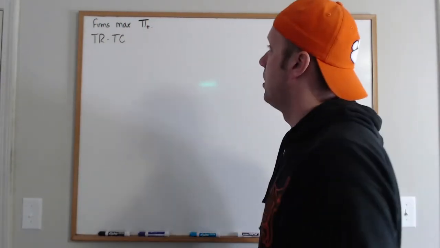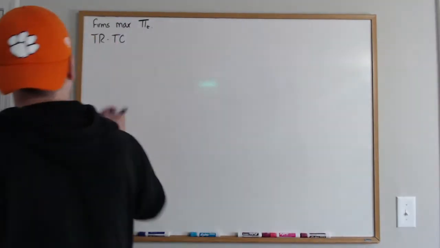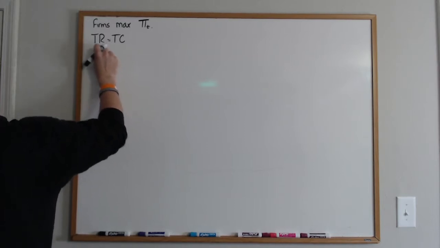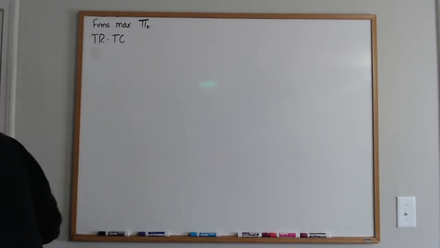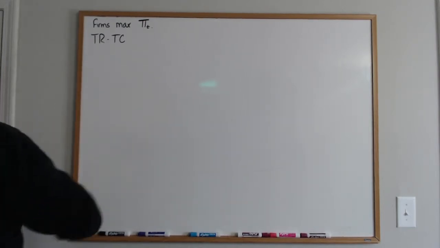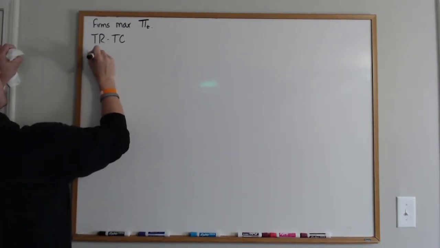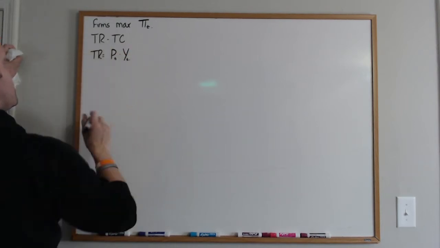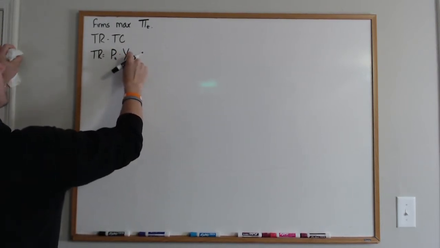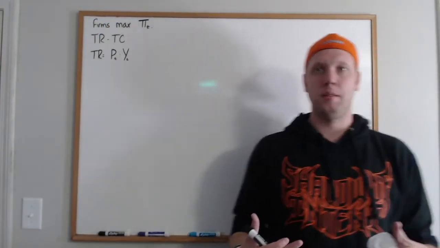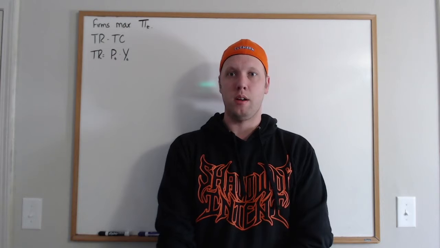Right now, total revenue is price times output. So total revenue is the price of the product multiplied by how many units of that product that we make.